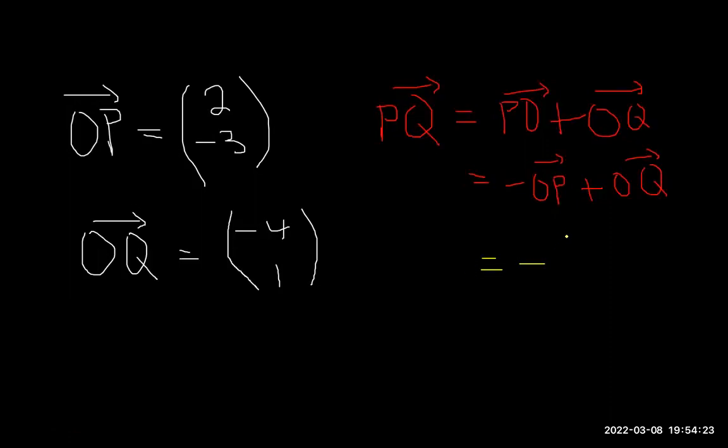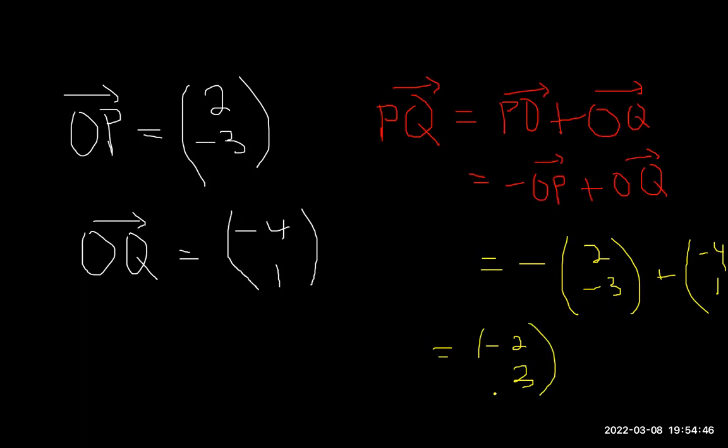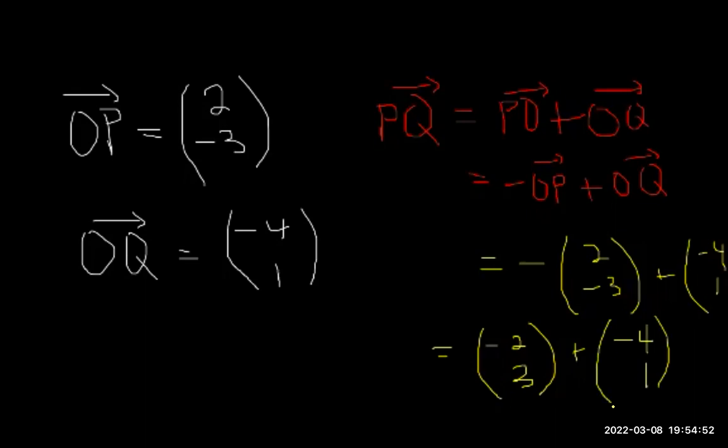So minus OP would be minus (2, -3), plus (-4, 1). Now, let's just pretend the close bracket is there. Minus 1 times 2 gives me minus 2, and minus 1 times minus 3 gives me a positive 3. And then this is still adding to (-4, 1).